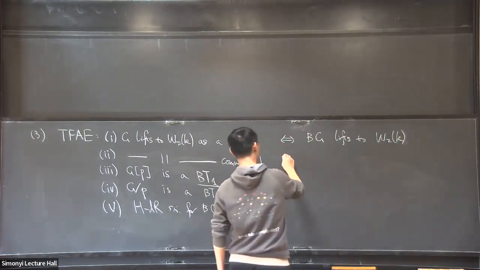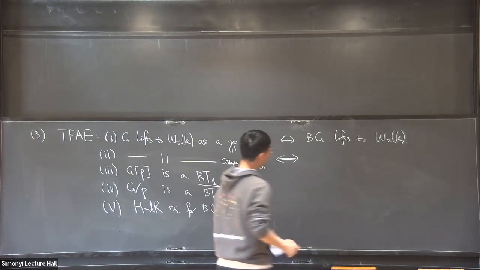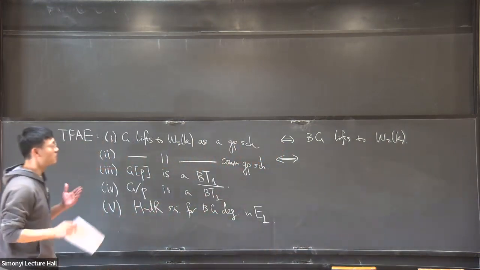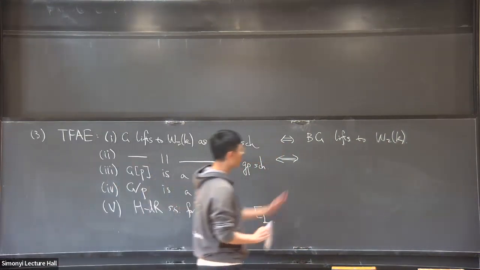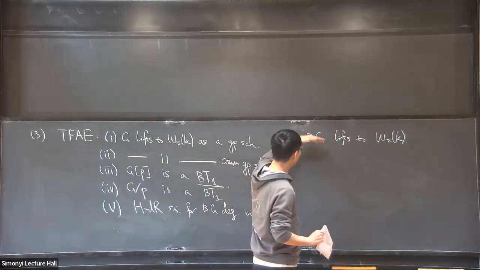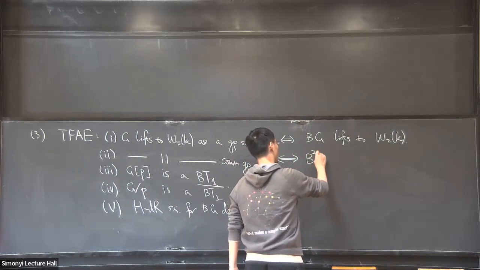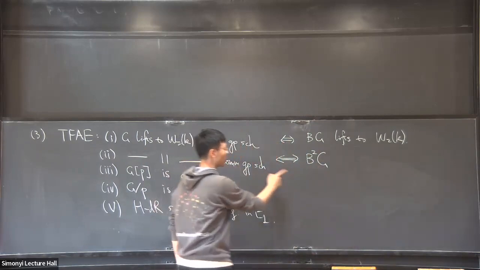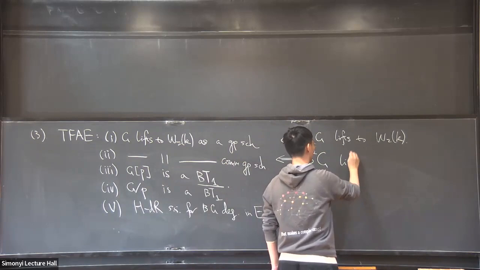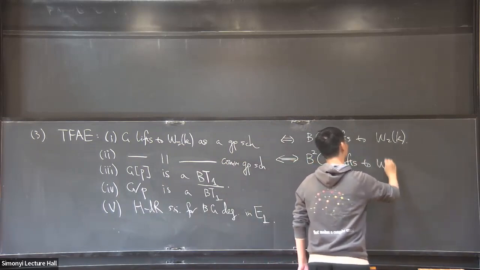And the second condition is equivalent to, if your G is a commutative group scheme, then not only can you form its classifying stack, but you can also form its higher classifying stack. So it turns out that this condition is equivalent to B squared G lifts to W2K.